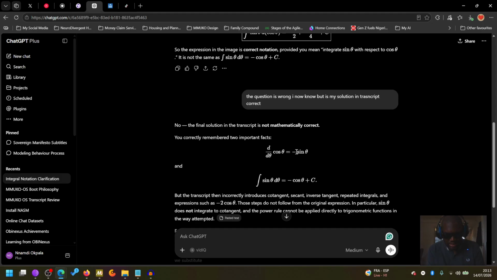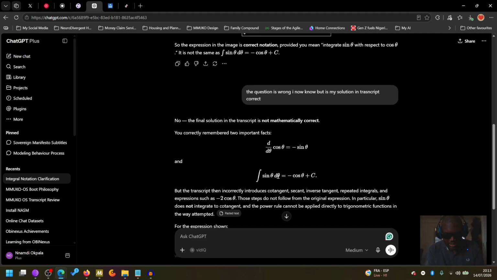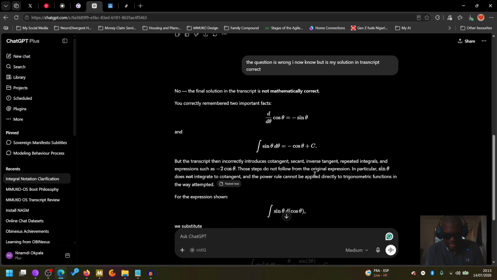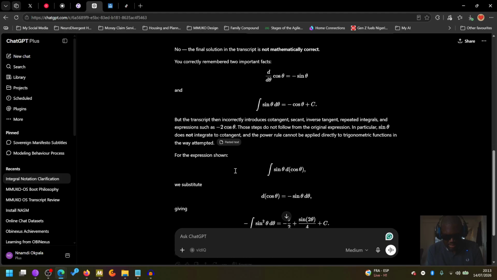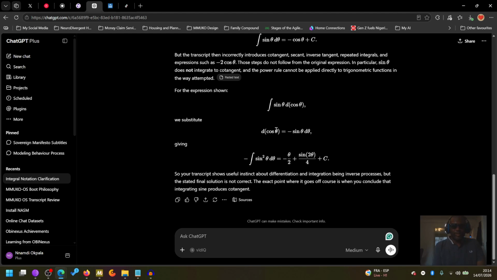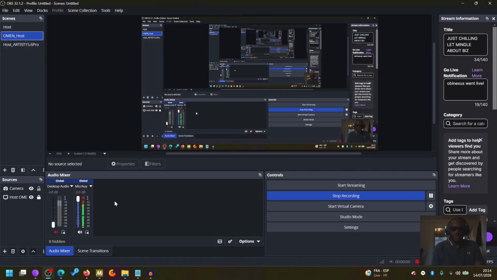So I knew I should have stuck to my table, because the table was the only solution I know. I messed up as soon as it said cotangent, sec tangent. It should be SOHCAHTOA and minus SOHCAHTOA.